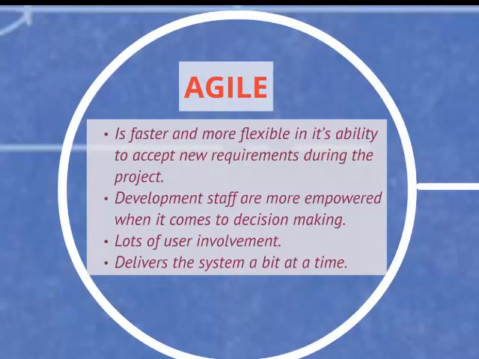So looking at agile, why would anybody want an agile project? Well, it's fast. You get stuff out the door quickly from an agile methodology. It's flexible, inasmuch as you can, mid-project, mid-flight, start to change your requirements to a greater or lesser degree. You can't do that in a waterfall project.